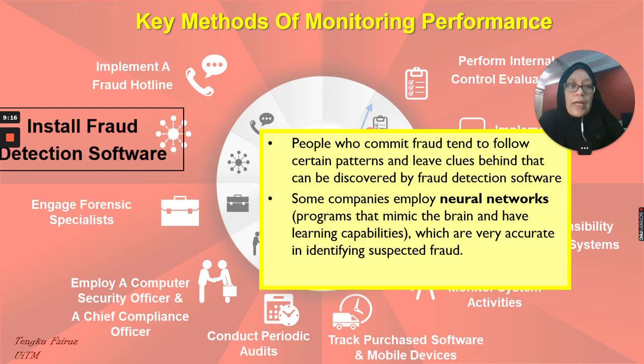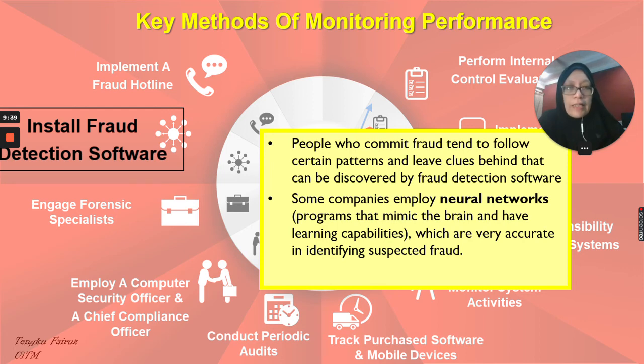Then the company also can employ neural networks. This is a program that can mimic the brain and has learning capabilities, which is very accurate in identifying suspected fraud. So this is more to artificial intelligence, to detect fraud.